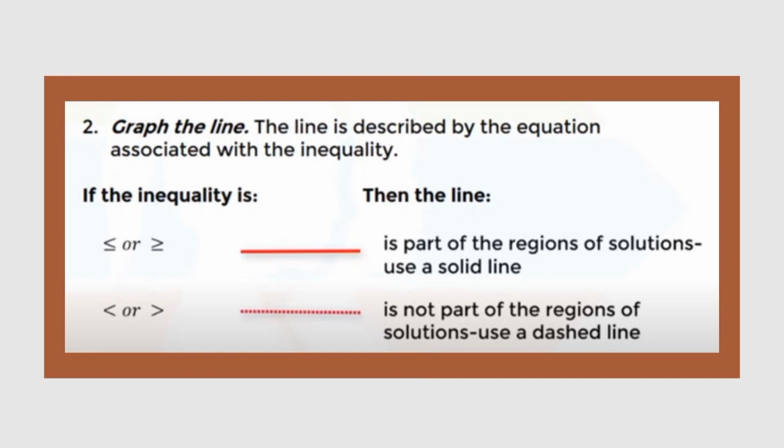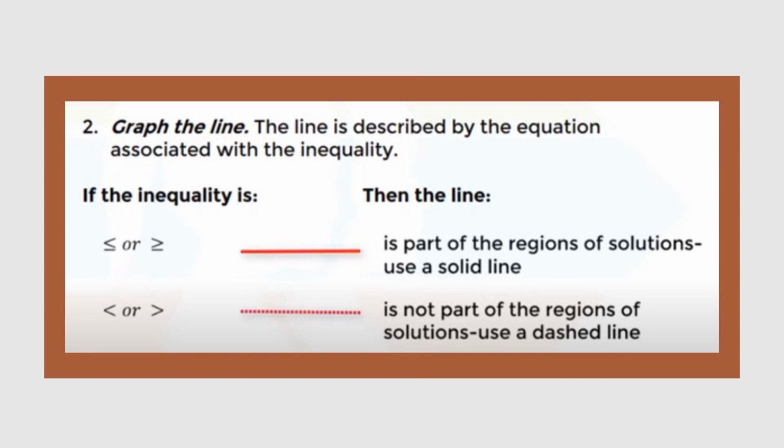In graphing the line of your equation, make sure that the equation is in slope-intercept form, y is equal to mx plus b, where m is your slope and b is your y-intercept.